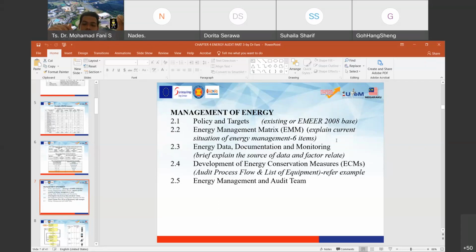Most common buildings, the factor related is the net floor area, NFA.